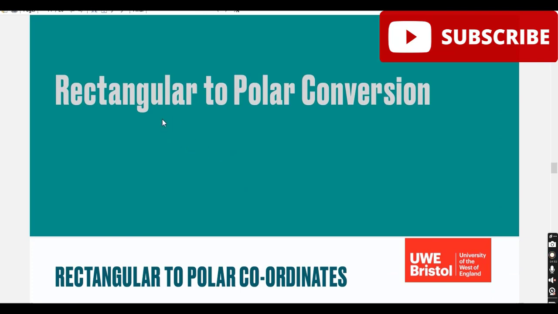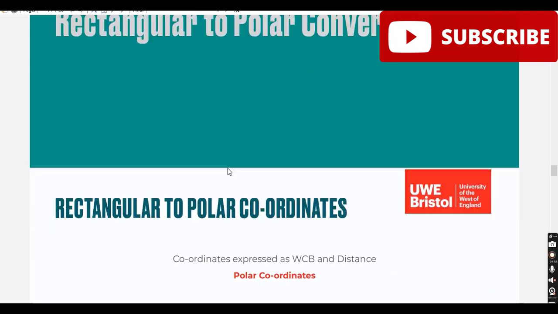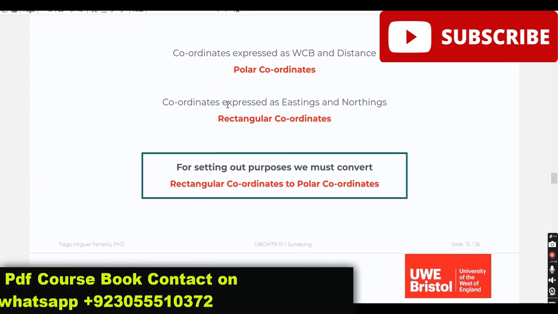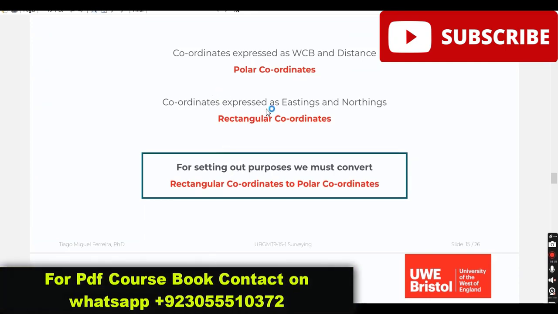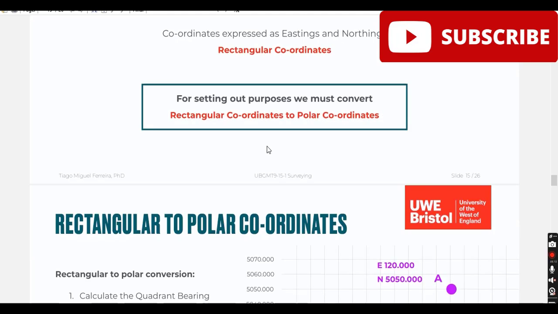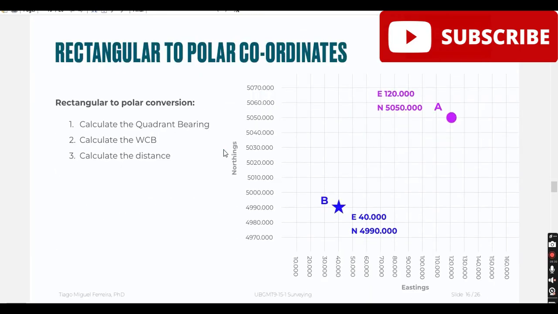Now we will see how we can convert rectangular coordinates to polar coordinates. Coordinates expressed as whole circle bearing and distances are called polar coordinates, and coordinates expressed as easting and northing are called rectangular coordinates. For setting out purposes at site, we need to convert rectangular coordinates to polar coordinates.